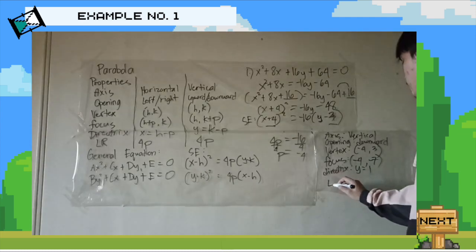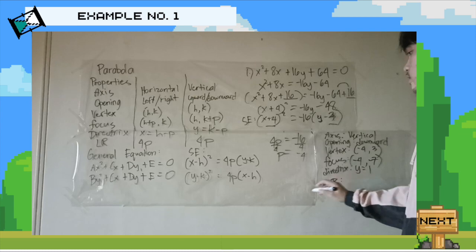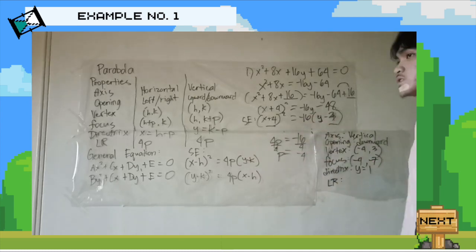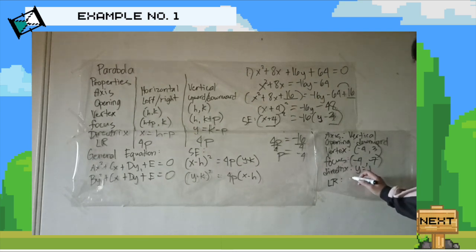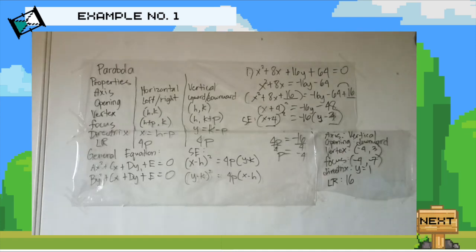Our LR is of course the absolute value of 4p, which is negative 16, but LR should always be positive, so we put 16. That is how we get the properties of a vertical parabola given the general equation.